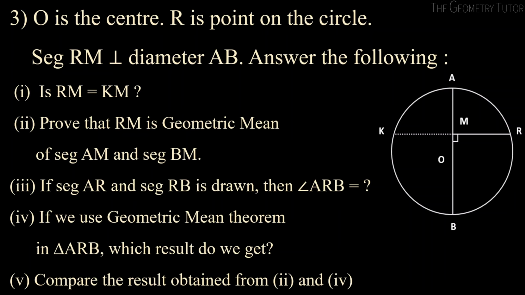Number 3, if segment AR and segment RB is drawn, then what is measure of angle ARB? Number 4, if we use geometric mean theorem in triangle ARB, which result do we get? Number 5, compare the result obtained from 2 and 4. Now, let us go for its solution.